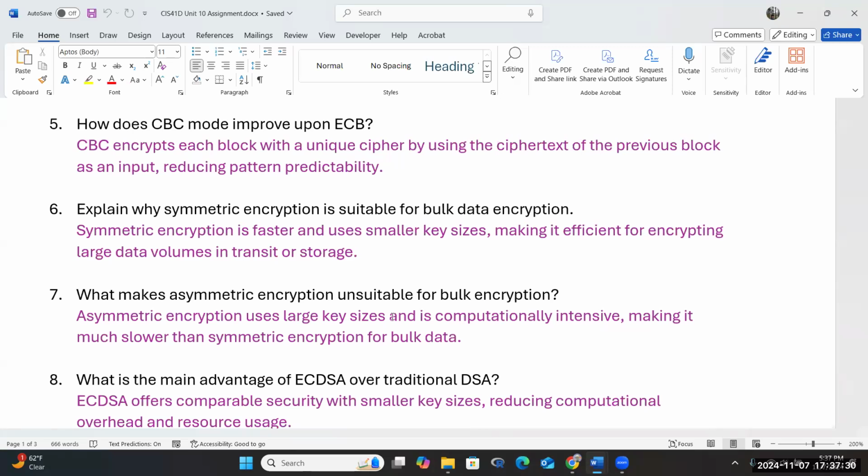So the resources required for asymmetric encryption are higher, right? There's a higher requirement. So if you have large data sets, if you have big data, asymmetric is not ideal, because then you would utilize at least 50% more in resources in most cases.